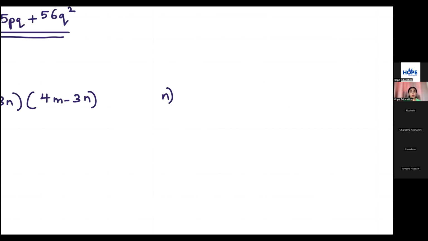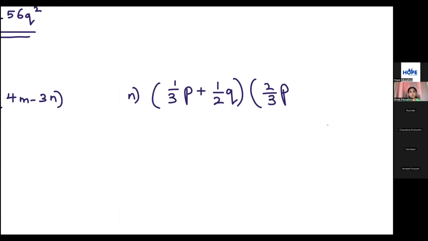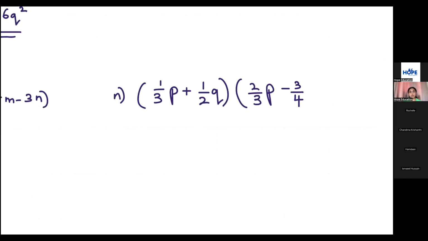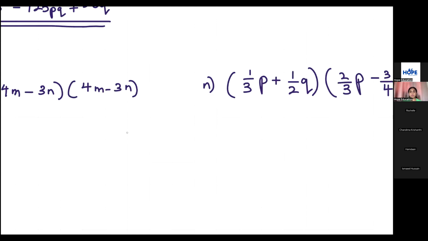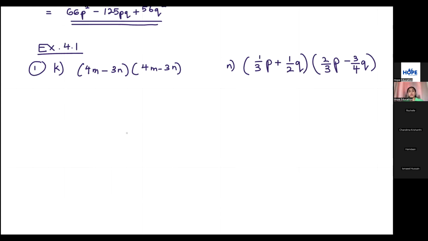In N, it is 1 over 3p plus 1 over 2q. Then 2 over 3p minus 3 over 4q. Do these two. K and N. Quickly do. If you have any questions, you can ask anytime.